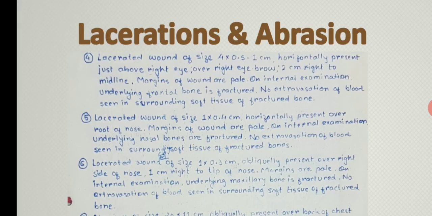The margins of the wound are pale. On internal examination, the underlying frontal bone is fractured. So keep one thing in mind: if, while describing the injury, an internal injury is present in the corresponding area, then all the injuries you should describe in column number 17. So the consequences are best understood. Okay, like that.